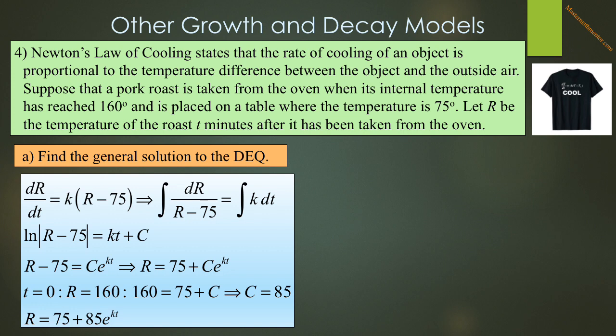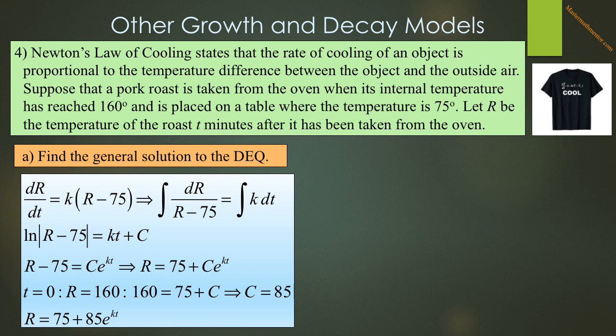Since R is the temperature of the roast and it is cooling at a rate that is proportional to the difference between the object and the outside air, dR/dt will equal k times the quantity R minus 75.